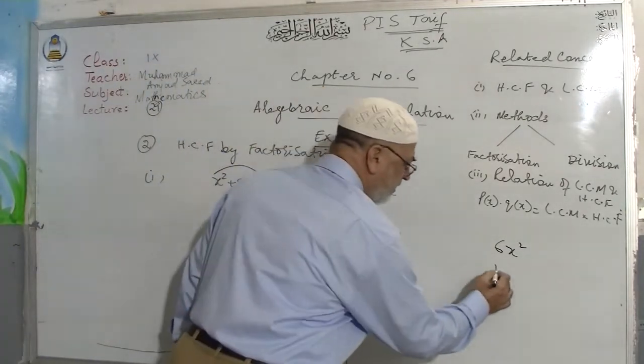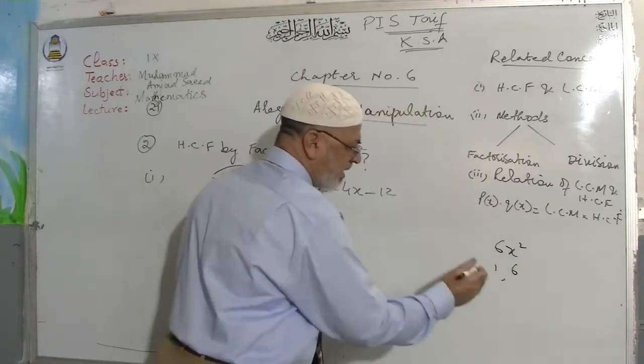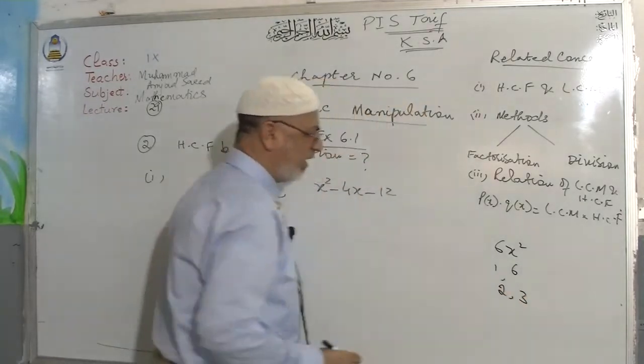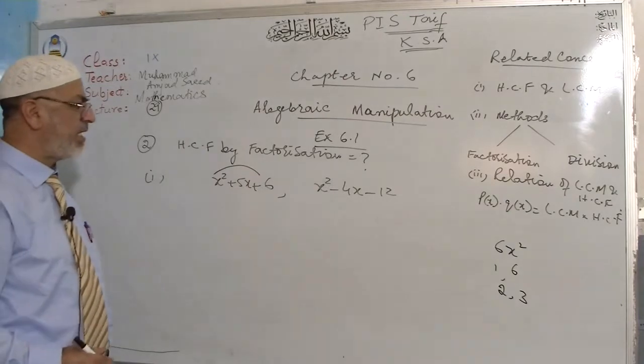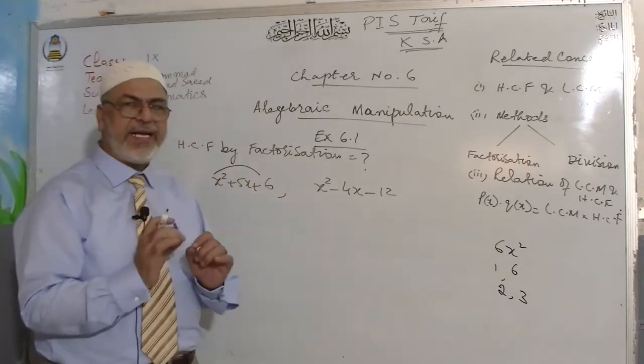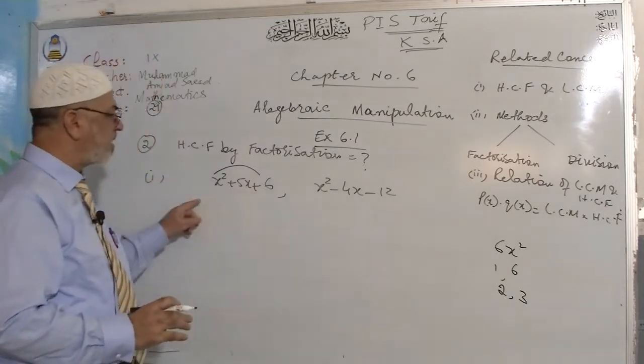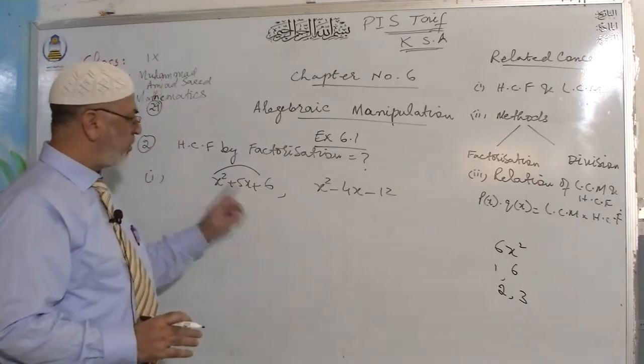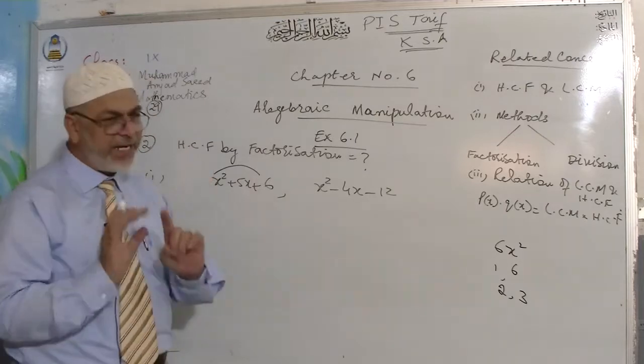Here is 1 and 6, 2 and 3. You can see there are 2 pairs. After adding, because you have all positive signs, you have to check by adding.